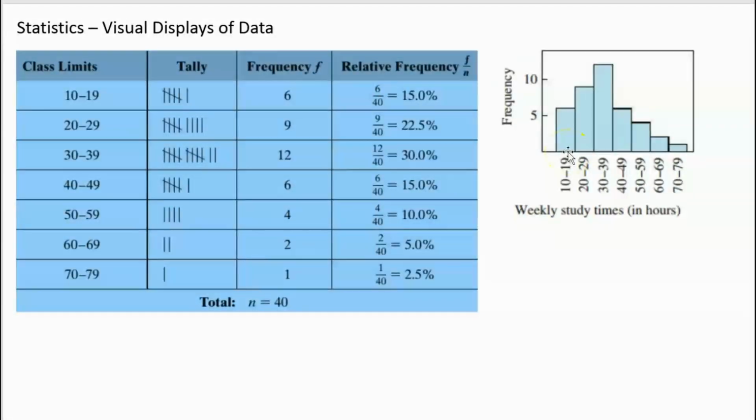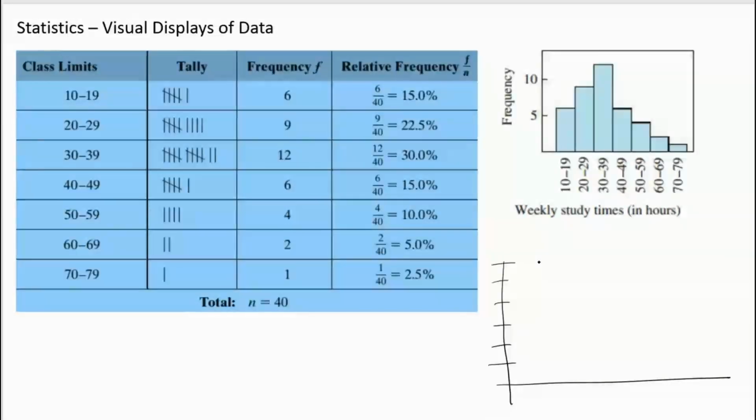Well, what about drawing your own polygon, the frequency polygon? Again, you would need to put these classes along the bottom. And then 2, 4, 6, 8, 10, 12 is the way I'm doing it.